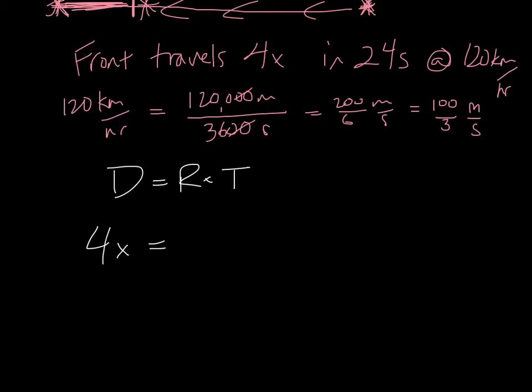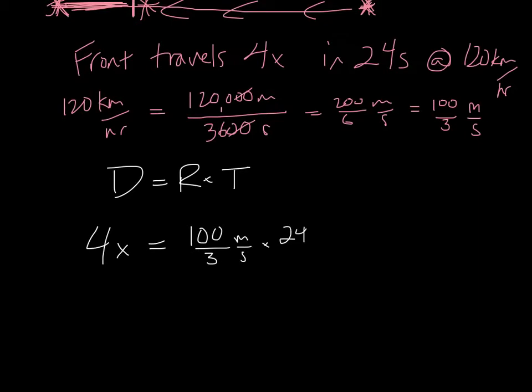What's the rate? 120. Or do you want to go back? Oh, we're going to meters per second. So 100 over 3. Right. And for how long? 24 seconds. Times 24 seconds.